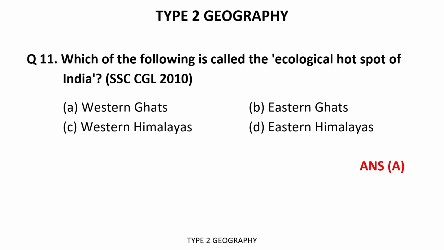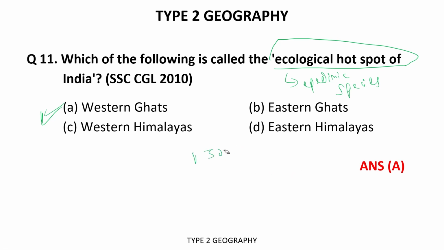Time's up. The right answer is Western Ghats. If we talk about ecological hotspots, these are the areas where there are many endemic species found.